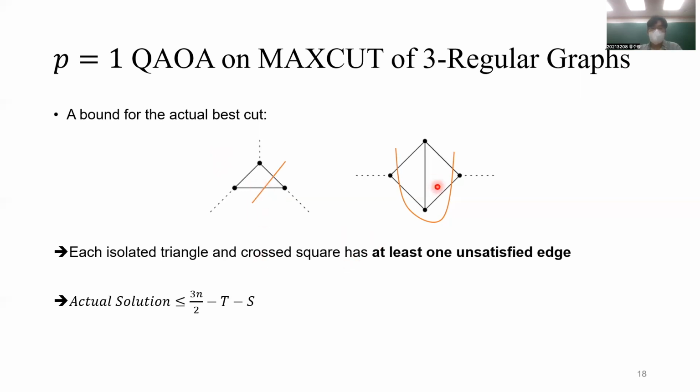And for the square, it's the same thing. There must always be one edge that is unsatisfied. So, for example, this is one cut, but this gives this one unsatisfied. So we can see that the actual solution, which is the bound for the actual best cut, must be lower than or equal to the total number of edges minus T minus S.